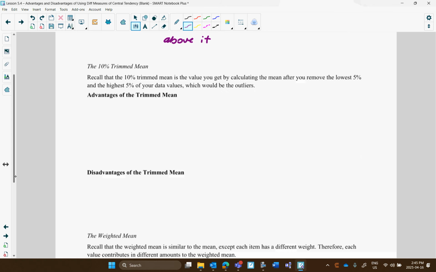The trimmed mean. Remember, the trimmed mean means we remove the lowest 5% of the data when it's in order and the highest 5%. So that's what we call the 10% trimmed mean. What's good about it? Useful for data with extreme values or outliers because it removes them.